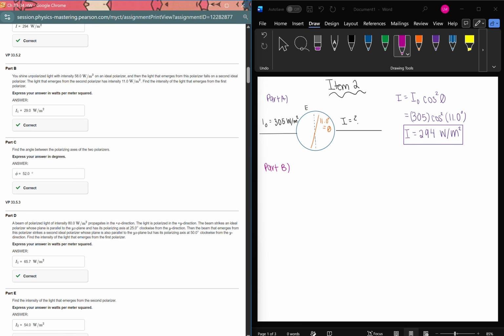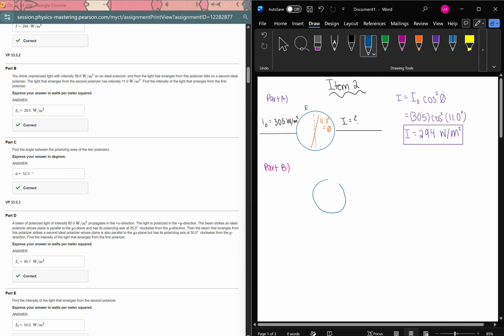So unpolarized light passes through polarizer 1, and then the transmitted light of some intensity passes through polarizer 2, and then the final transmitted intensity is 11 watts per meter squared. So let's go ahead and draw. This is gonna be a polarizer, and then I'm gonna start labeling it.